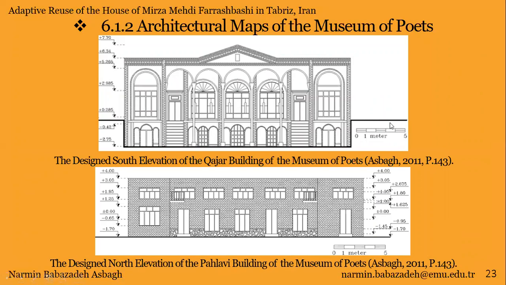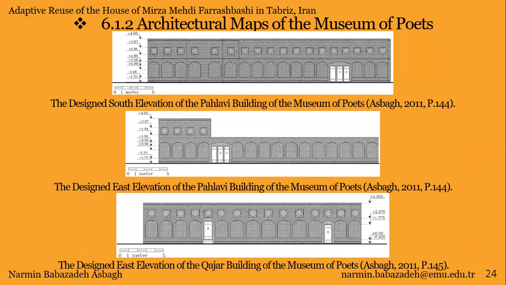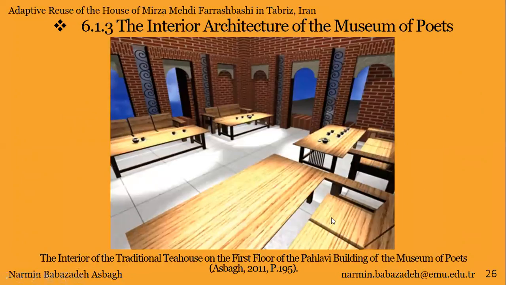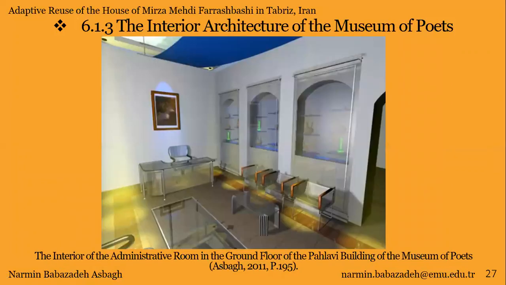These two elevations are the interior elevations of the building, and these are the exterior elevations of the building. The A and B sections are from the Qajar building and C section from the Pahlavi building, the interior of the traditional tea house on the first floor, and interior of the ground floor of the Pahlavi building.